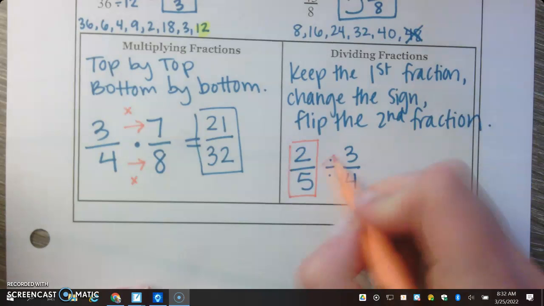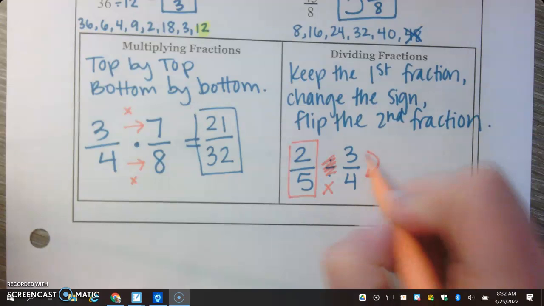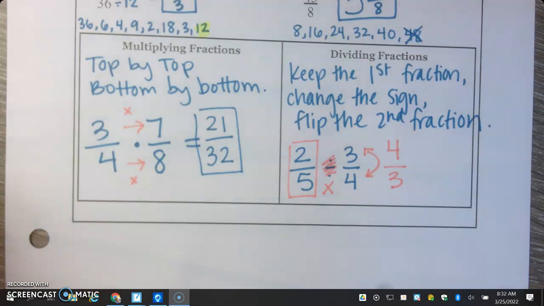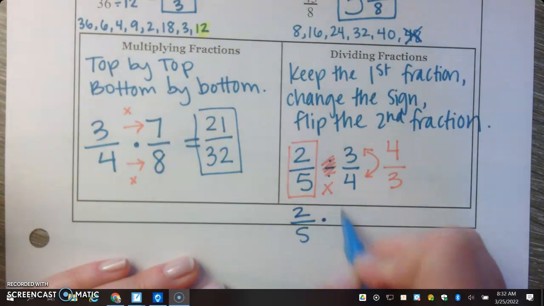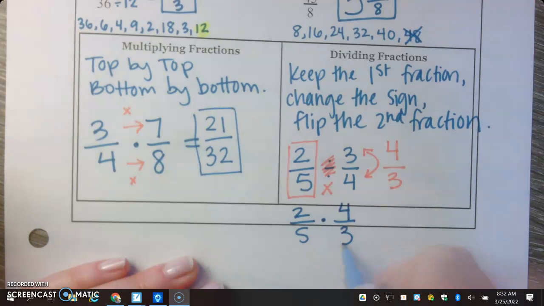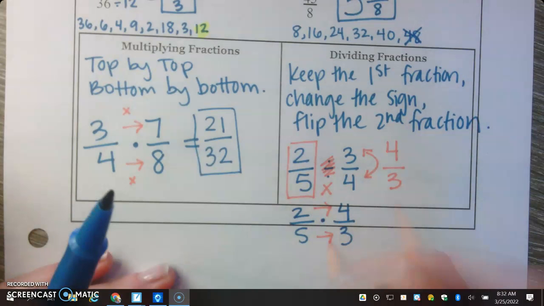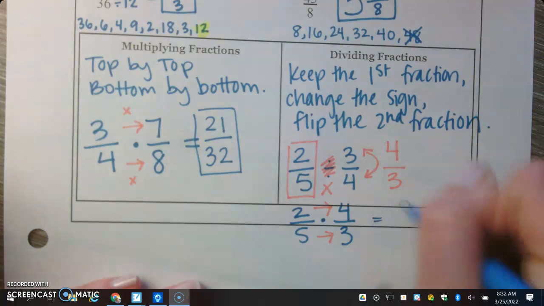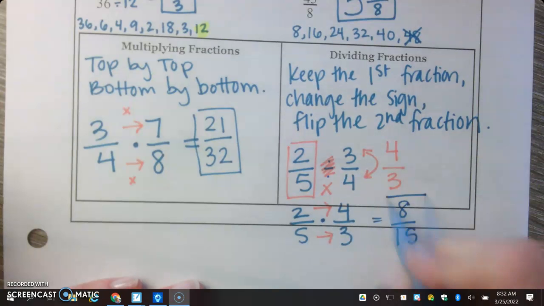We're going to change that division to multiplication, and then flip this fraction to be 4/3. So now I am multiplying 2/5 times 4/3. And we know how to multiply fractions. So I'm going to multiply 2 times 4, which gets me 8, and 5 times 3, which is 15. My answer is 8/15.